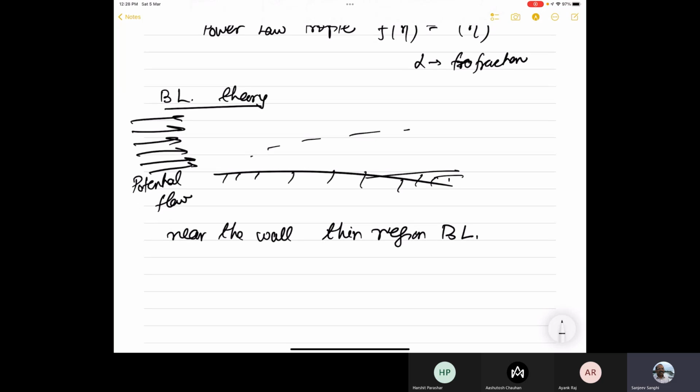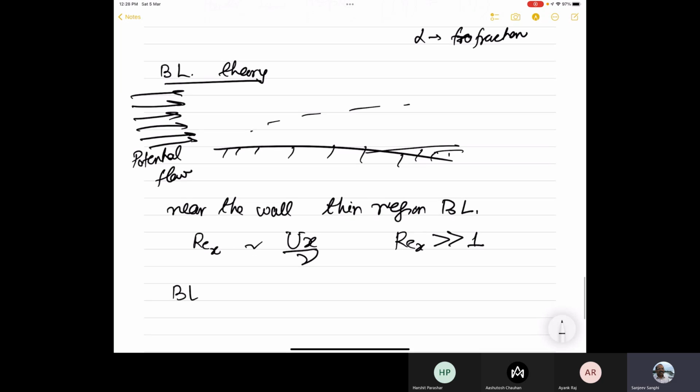Now, one thing is that since we are talking of Re sub x in all these, which is Ux upon nu, the boundary layer works when the Reynolds number is much bigger than 1, for large Reynolds number.